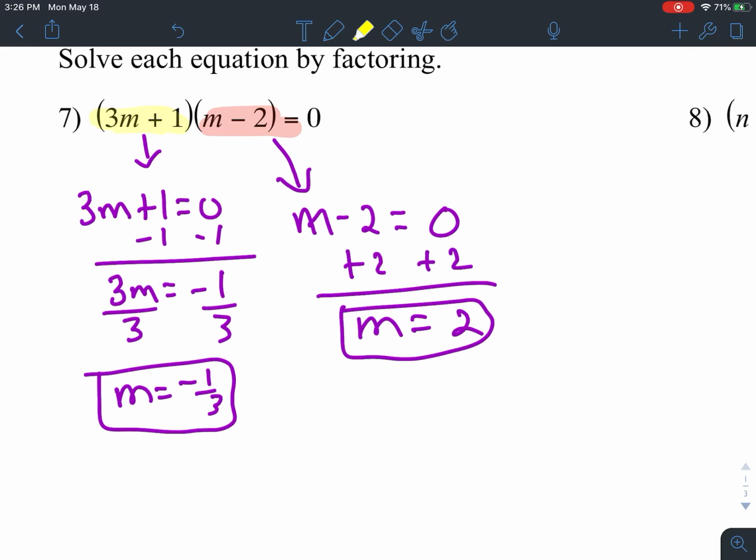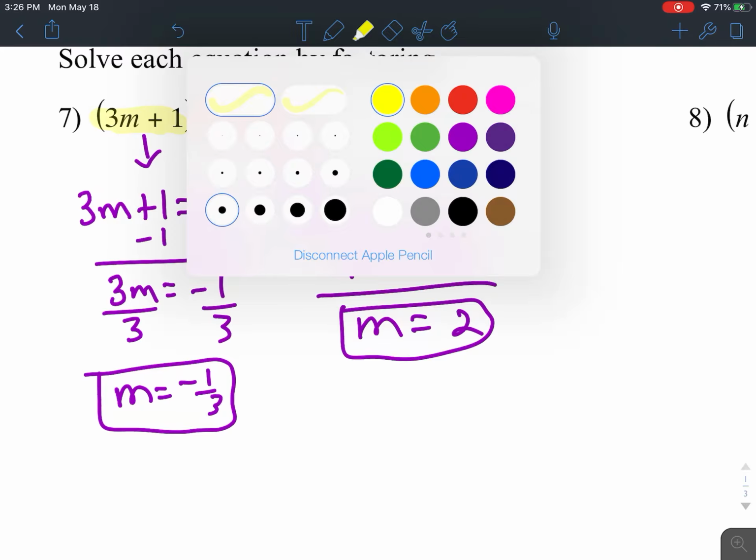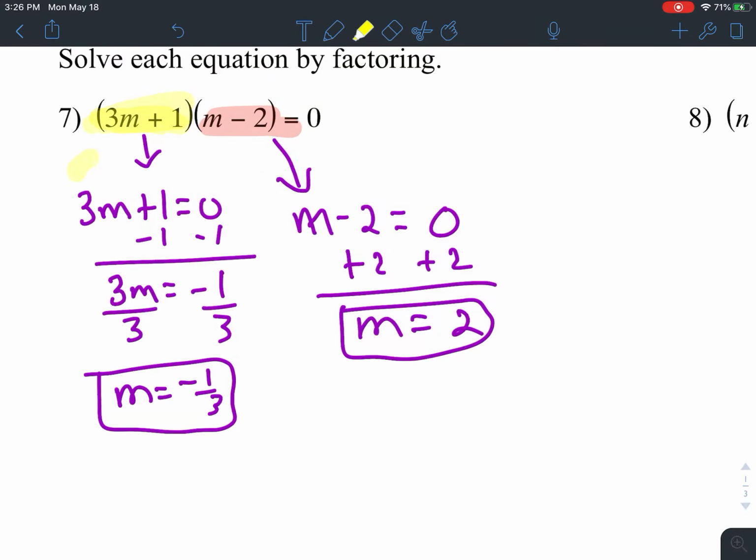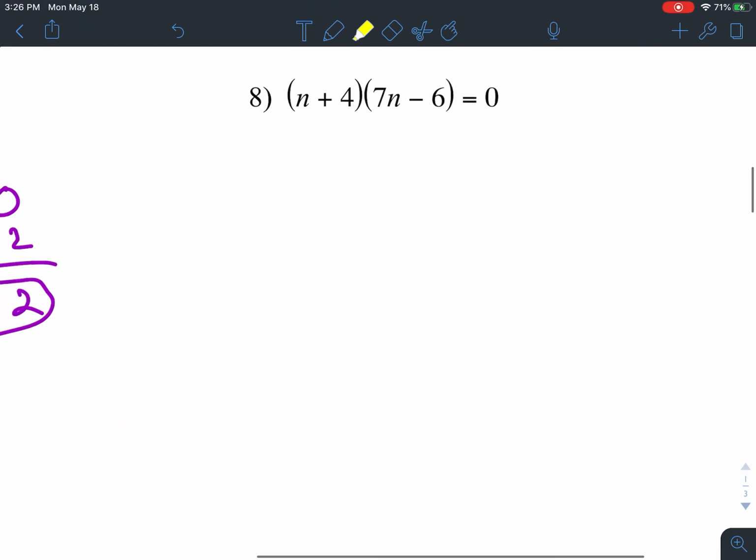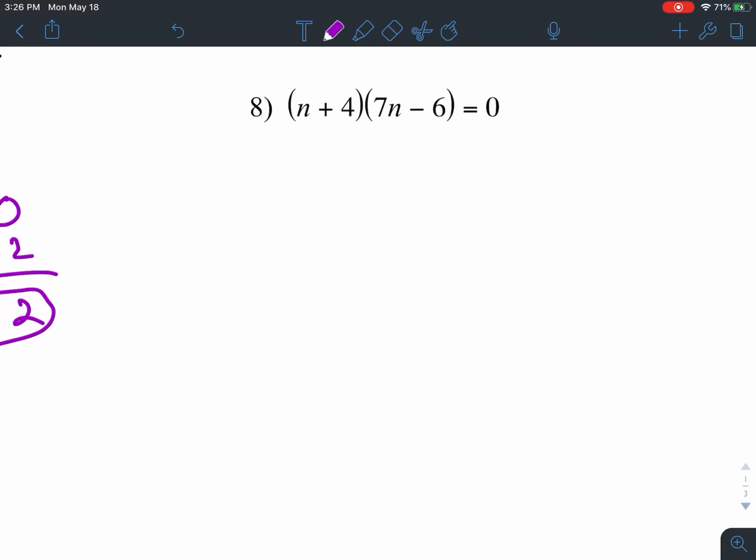You can look and say, hey, it's a plus 1, and know your answer is always going to be negative. And same thing with the red example here, where it was m minus 2, you know your answer is going to be positive. It's always the opposite of what you see there. Okay, so the first example, this one right here, you will have to do a little bit of work. The second one, you can just take the opposite.